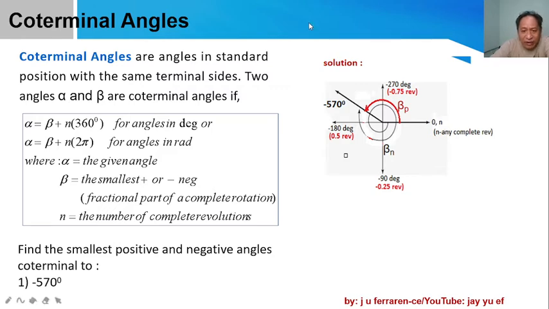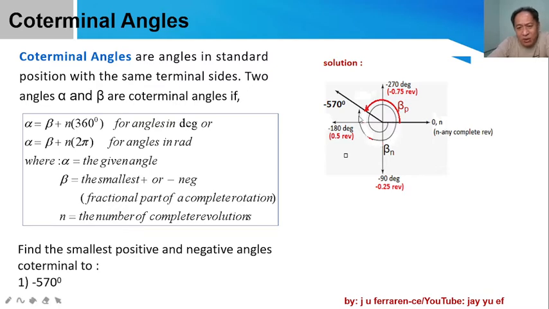Now, if that's negative 570 and this is only 540, I need to add 30 degrees further to make it equal to negative 570 degrees. At the positive x-axis, this represents a complete rotation. And if this is considered to have the given angle, then this is only a fractional part of a complete rotation.